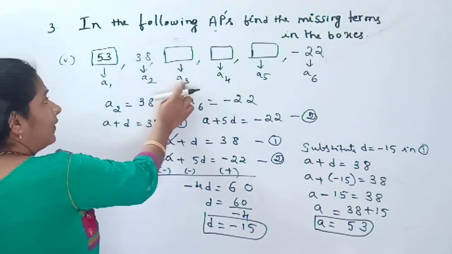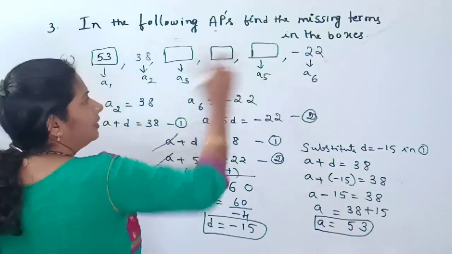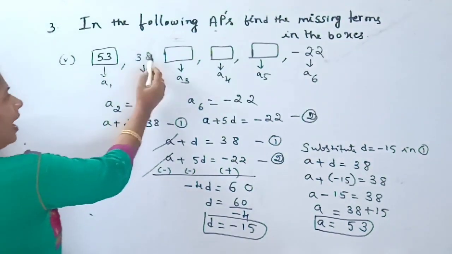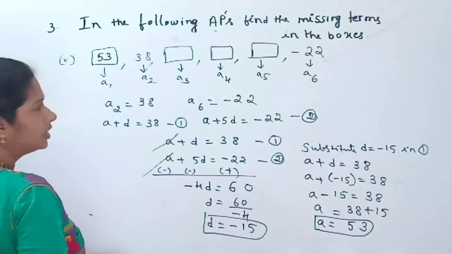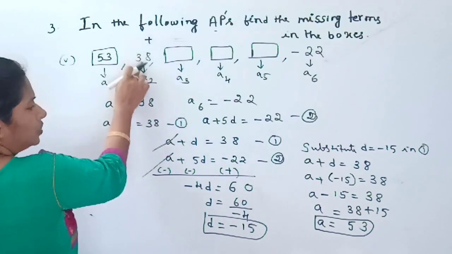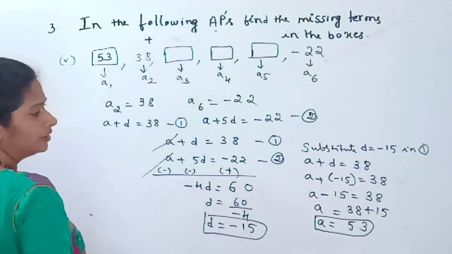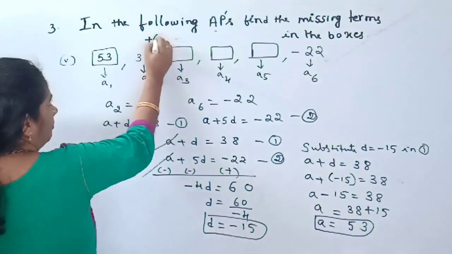Now you have to find out third term, fourth term and fifth term. Okay, so how will you find out, children? Add the common difference to second term, you will be getting third term. Isn't it? So what's the common difference, children? It is minus 15.